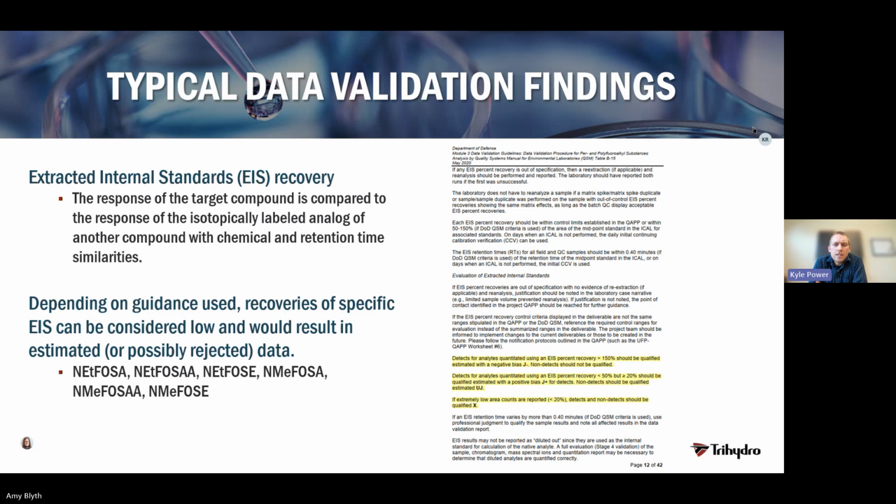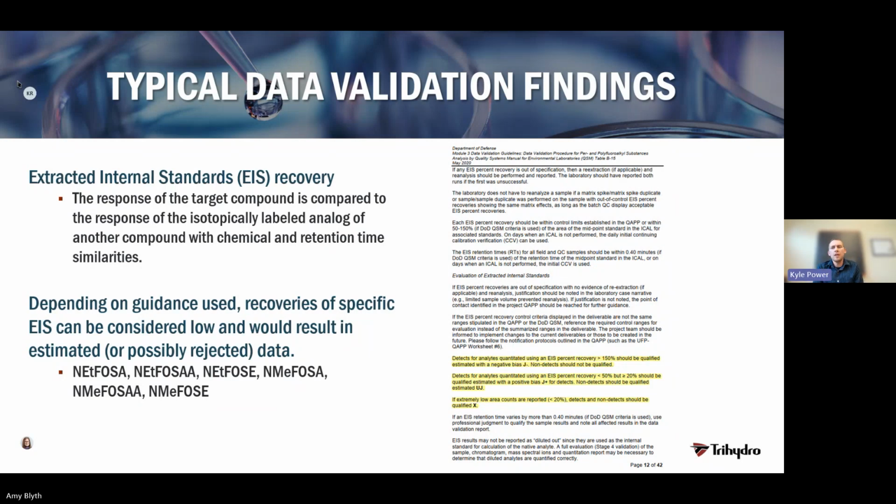PFAS is interesting because, based on your analyte list, you could have a designated extracted internal standard per analyte, and how they behave. So there's a lot of data that's generated based off of your list.